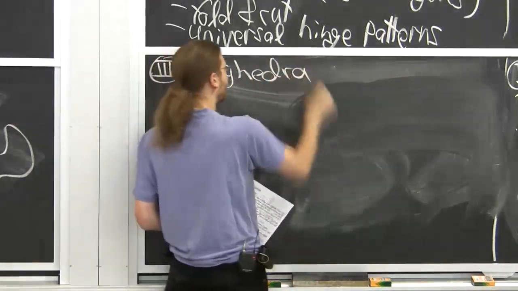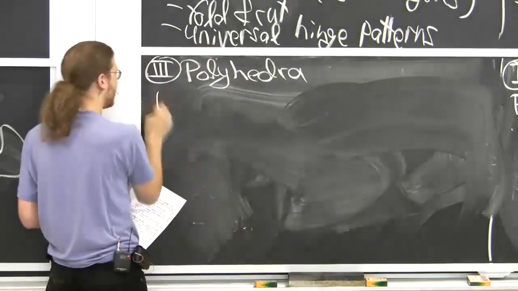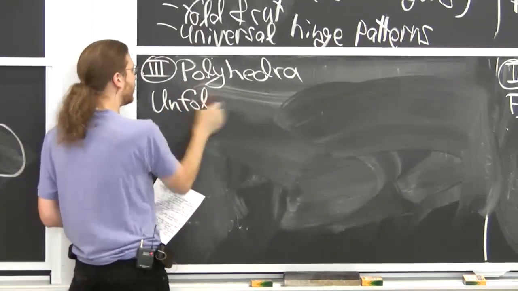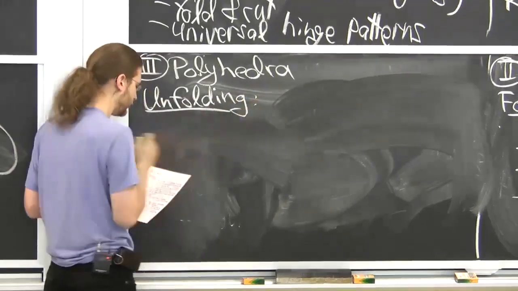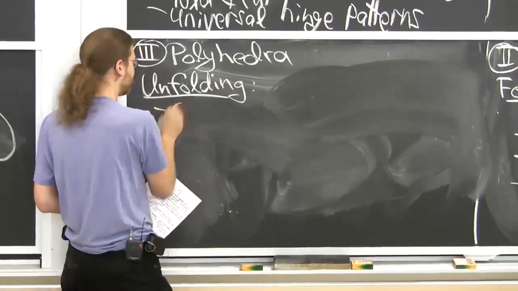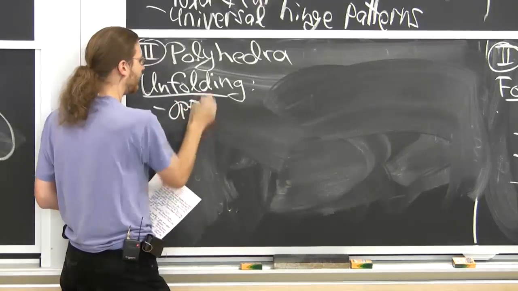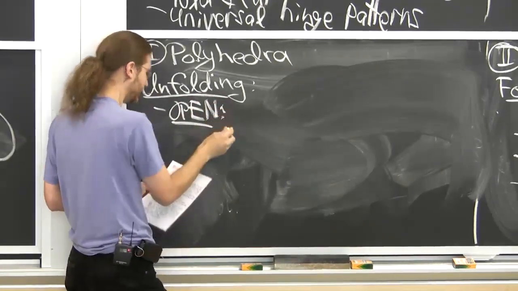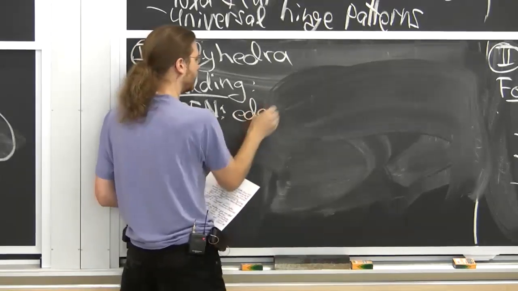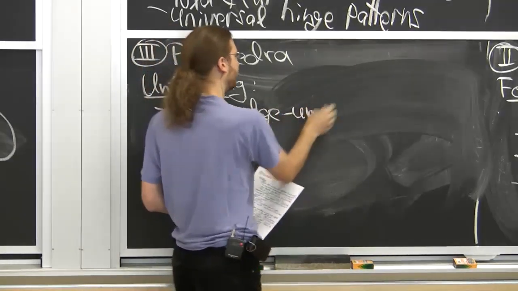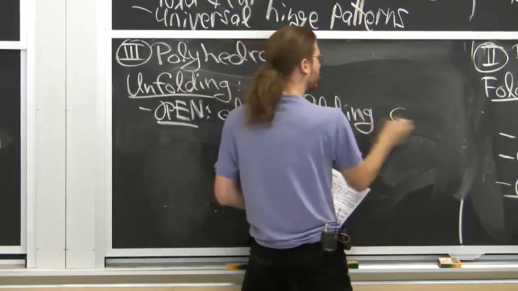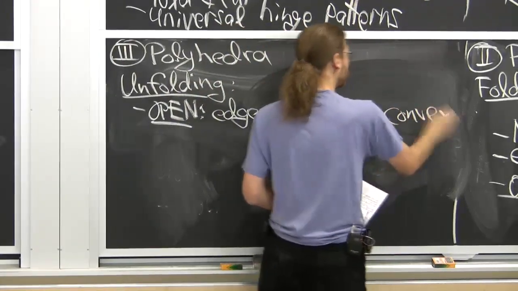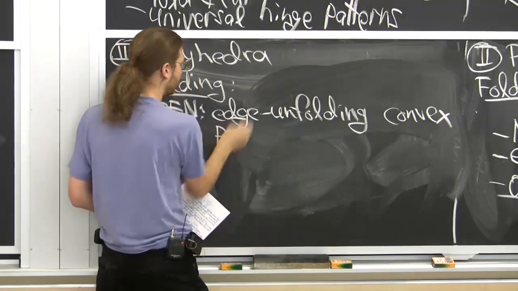So I mentioned there's a bunch of different kinds of polyhedron folding and unfolding problems. Probably the coolest one, because it's the oldest problem in this entire field, is unfolding convex polyhedra by cutting along edges. So we call this edge unfolding of convex polyhedra.